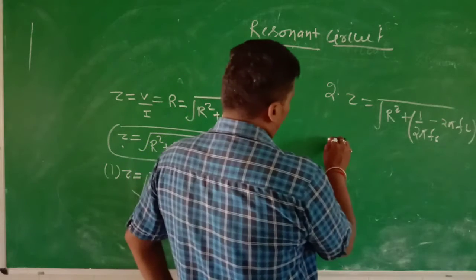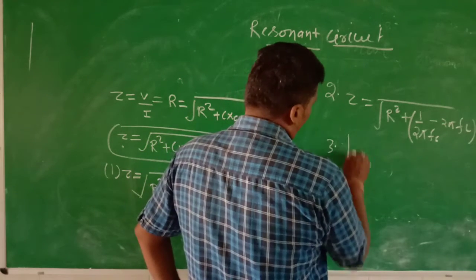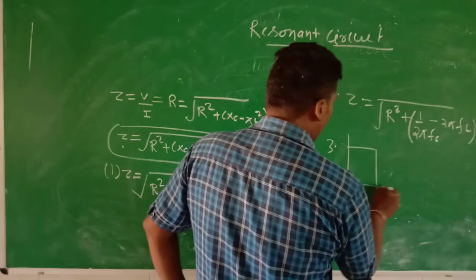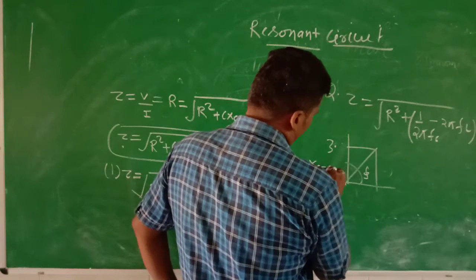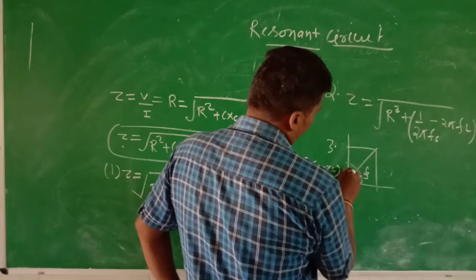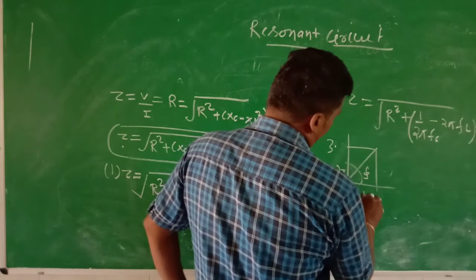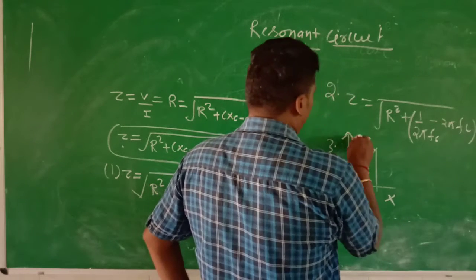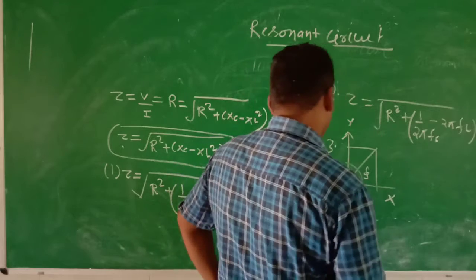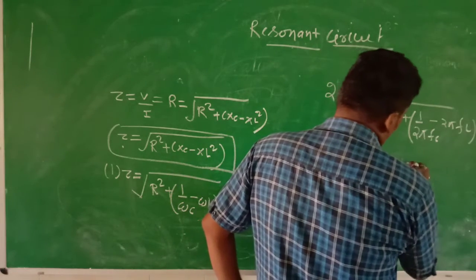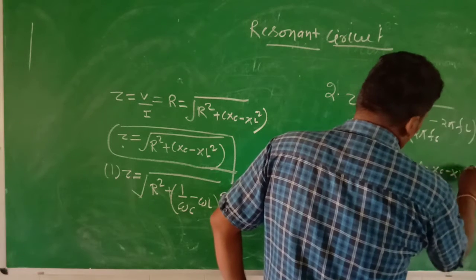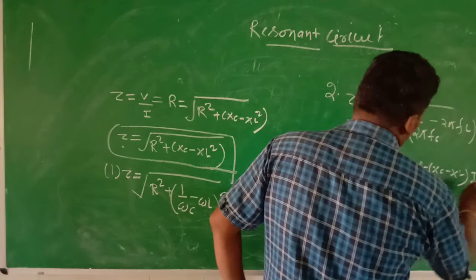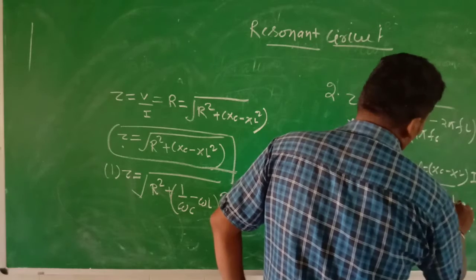For the phase, the third component is XC minus XL on the Y axis and R on the X axis. The value of tan phi is equal to (XC minus XL) I upon IR.